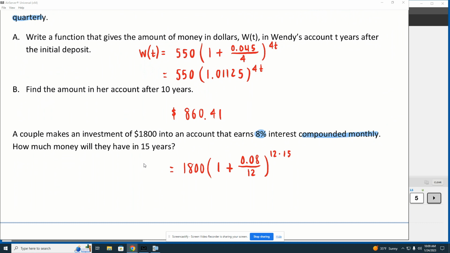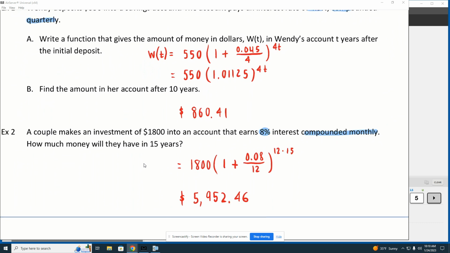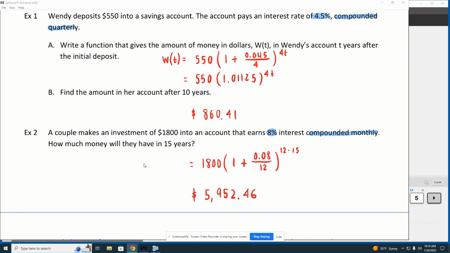And if you do that correctly, you will have how much money after 15 years? $5,952, and we hope 46 cents. But more than likely, the bank will give us 45 cents. Even though rounding up is the way it's not supposed to go, right? So, do y'all understand this? Okay, now, that is called compound interest.